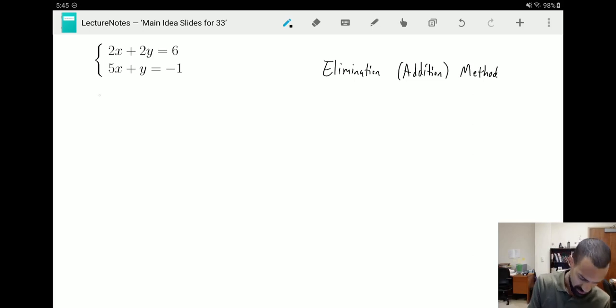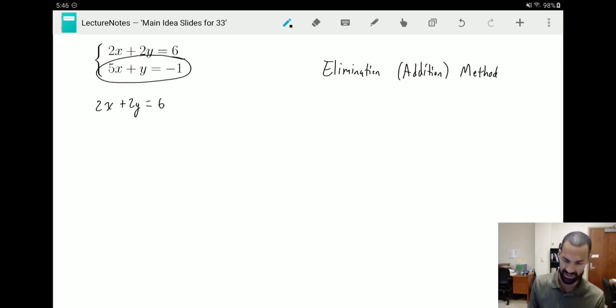So 2x plus 2y equals 6. I want to alter this second equation in such a way that if I combined the like terms vertically, one of the variables will cancel out. In this case, it's easier to change the bottom equation such that this positive y right here becomes a negative 2y. So how does that work?